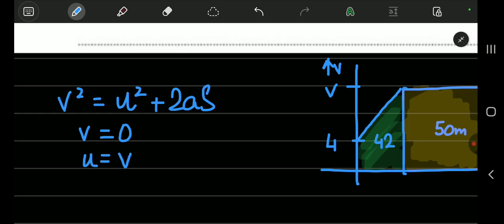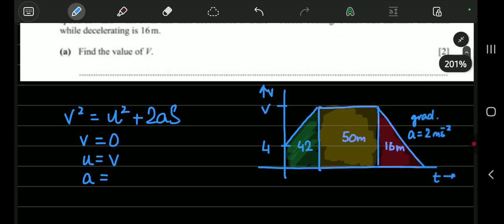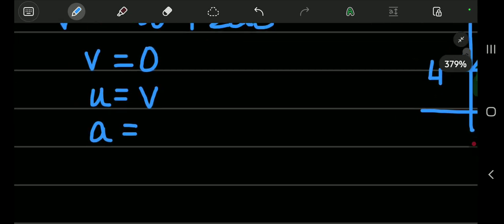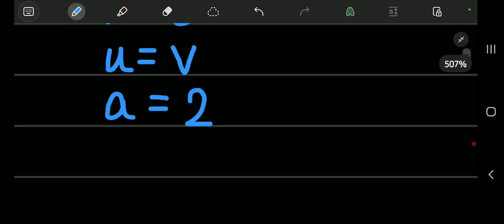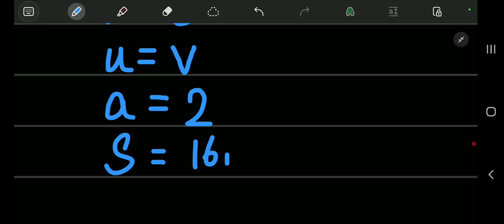Initial velocity is v, that we need to find. Acceleration we know to be 2. Okay, why are we using this? Because this last part of the journey is the actual journey in which we have acceleration. In the rest we don't have it, so we are not using those journeys to find out the v. So s is 16 meters.